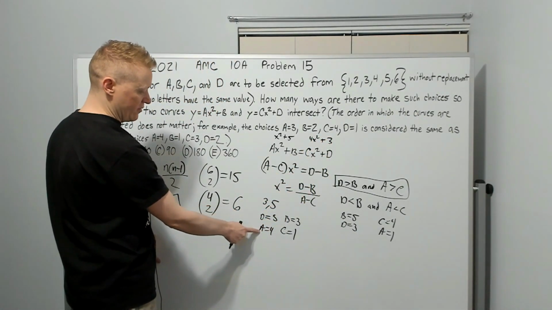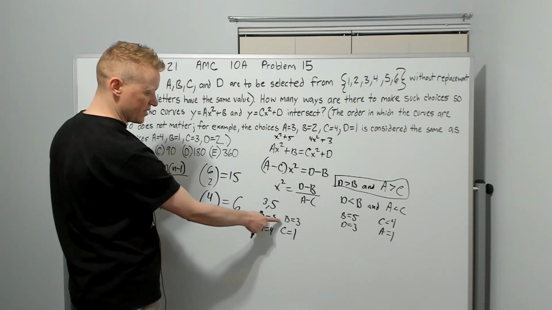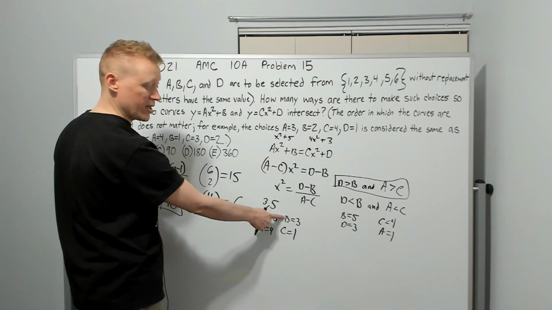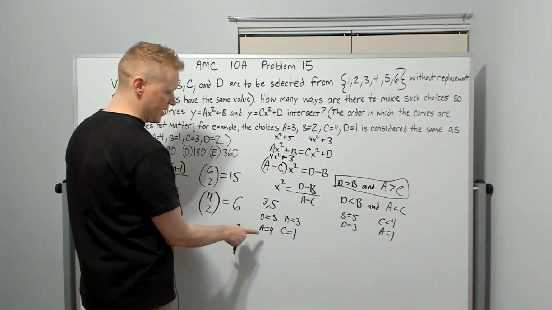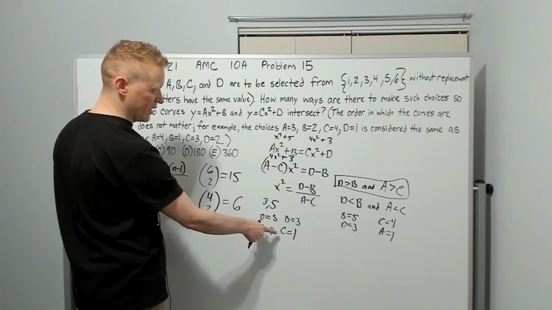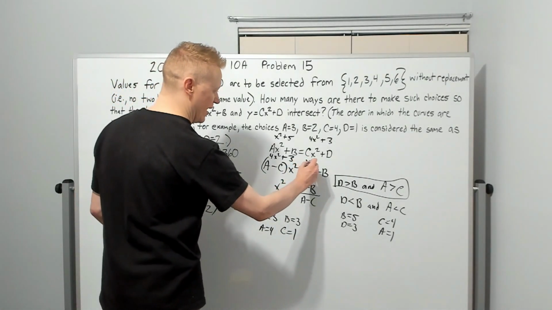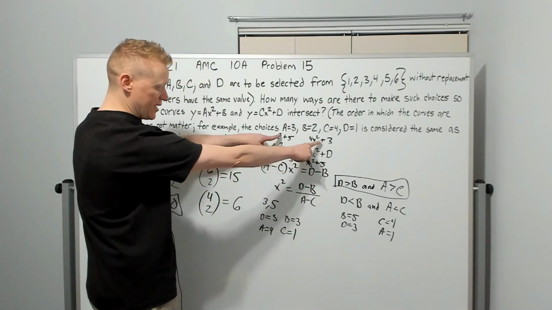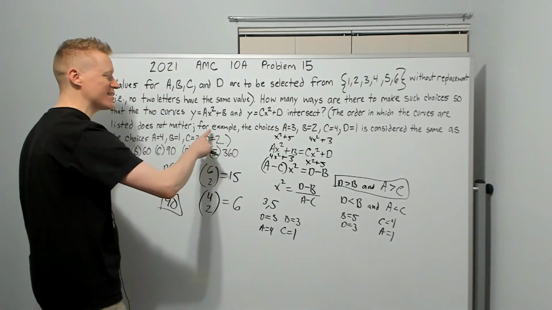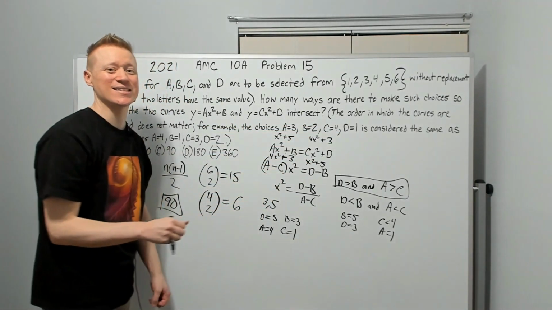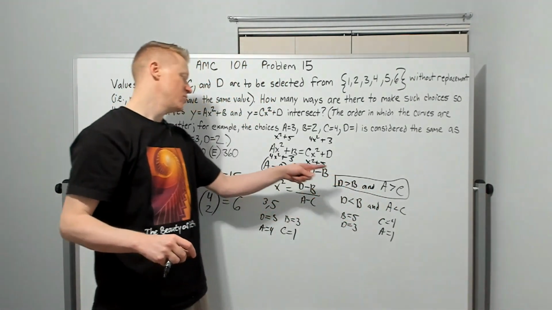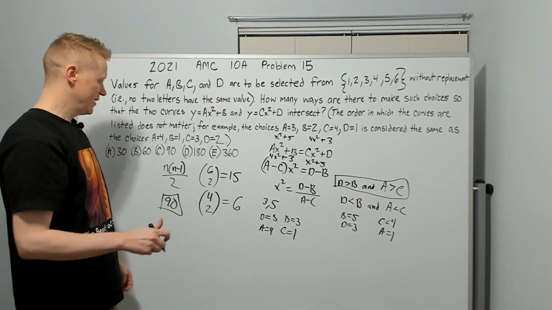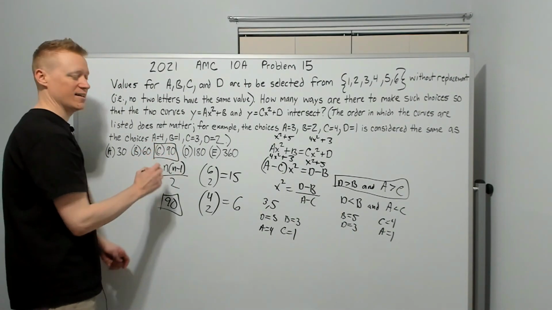It's going to give me 4x squared plus 3 for this term, and the other one's going to be 1x squared plus 5. They're just the 2 things we had switched, which is precisely what it says is considered the same. So every single one of the ways that would have worked out here, we've already got on this side. Therefore, 90, C, is the final answer.